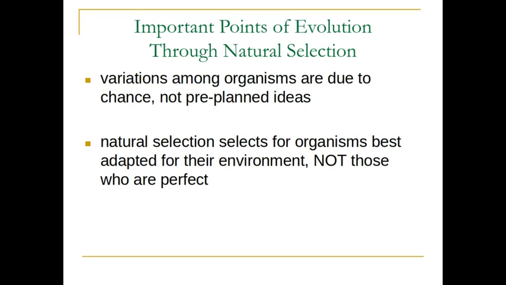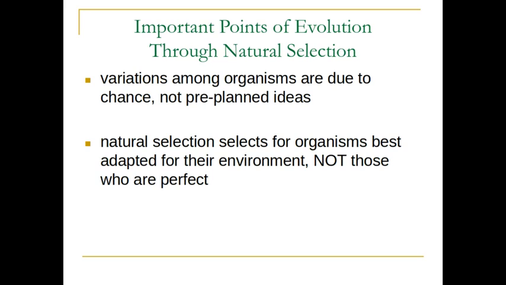If you have a variation that randomly shows up, just a random genetic mutation that causes a change in maybe the color of your feathers or your fur or the color of your wings, then if that variation allows you to exist or compete for nutrients or space or materials more effectively, then you win.